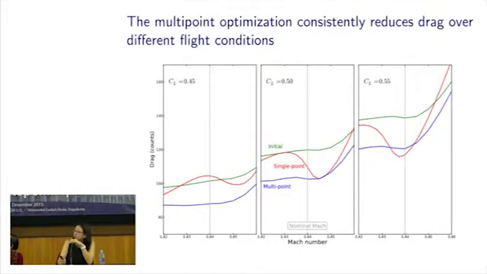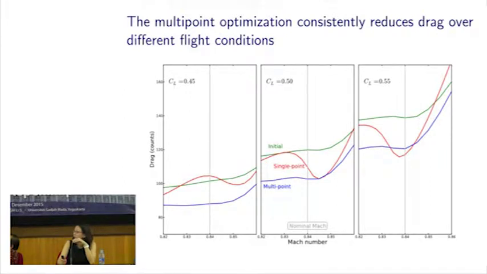So in the last few slides, I just discuss the results briefly. Here I mentioned the motivation of doing multi-point optimization compared to single point optimization, and here we can see the benefit of the multi-point optimization. Here I'm showing the drag divergence curves, basically the drag distribution at different flight conditions, and lower drag is always better.